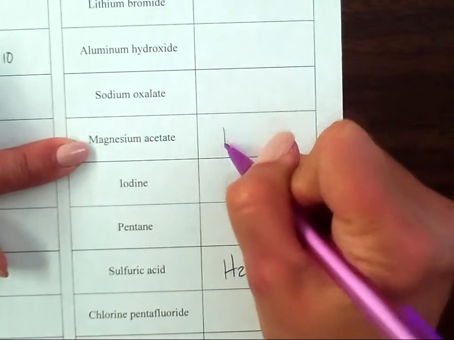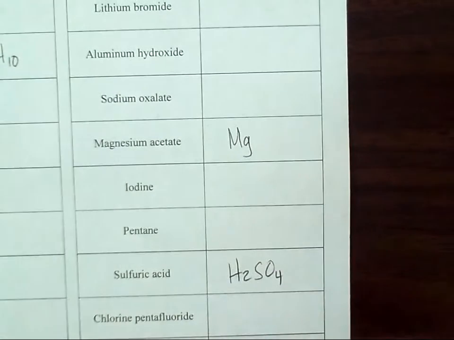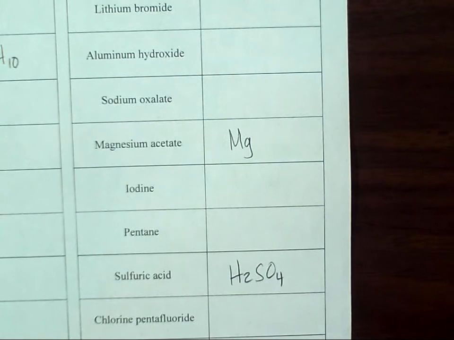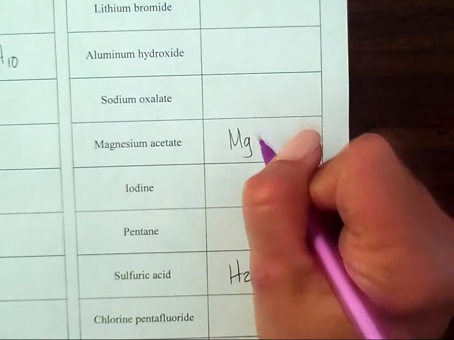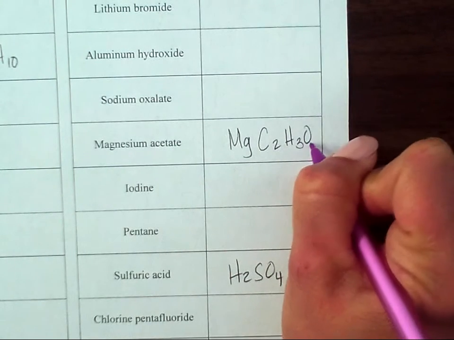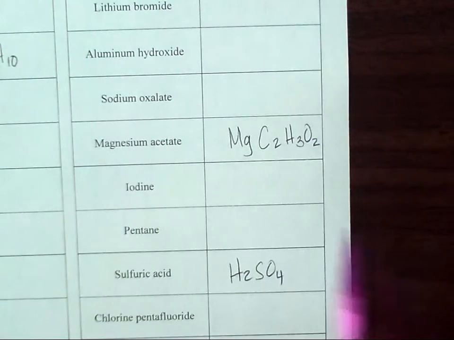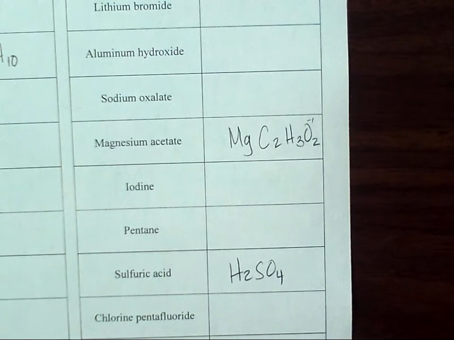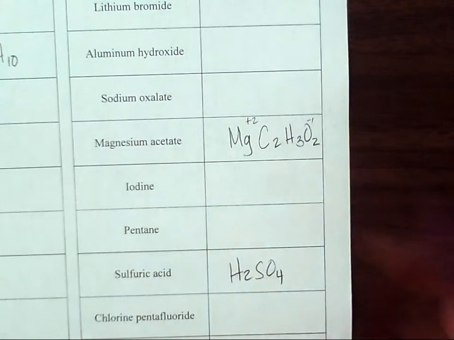We have the magnesium, we have acetate, which is actually, if you have to look it up, go ahead and do so. But acetate is C2H3O2. Now, acetate has a -1 charge, and magnesium has a +2 charge.